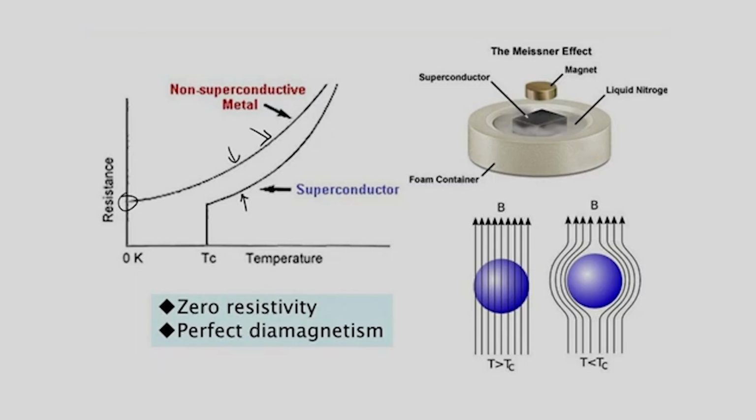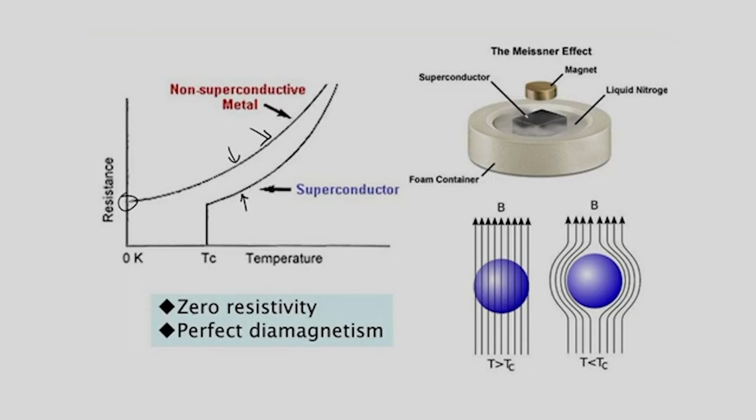Now, there is another interesting phenomenon, an acid test for a superconductor. The superconductor not only loses resistivity, but it also goes into a state which is a perfect diamagnet. What I mean is that if you put a superconductor in a magnetic field, then the magnetic flux lines are pushed out of the sample, and this is the main principle behind what is called magnetic levitation, which would levitate a train so that the wheels do not touch the rails.